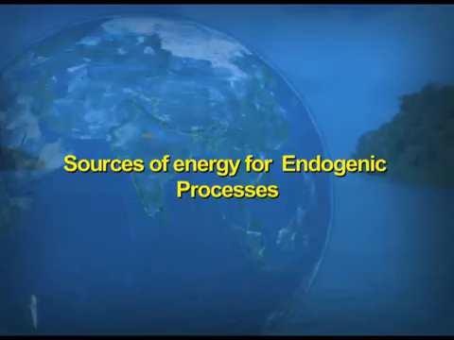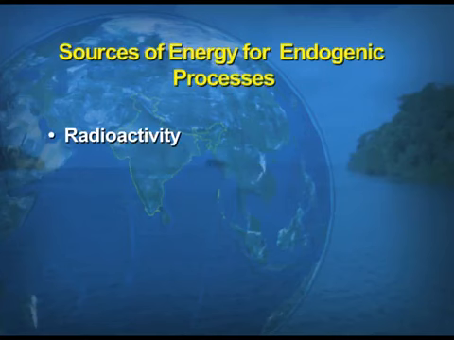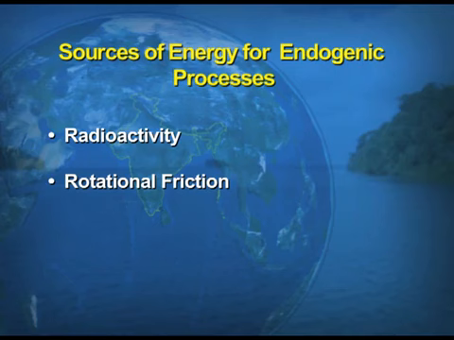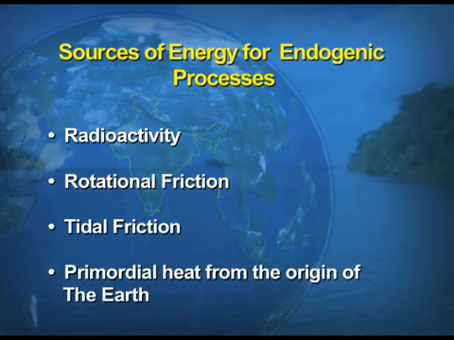Now, the question arises, if these actions are internal and take place within the earth, what are the sources of energy for these endogenic processes? I will list out the sources of energy. Number 1, it is the radioactivity. Number 2, it is the rotational friction. Number 3, the tidal friction. And number 4, that is the primordial heat from the origin of the earth.